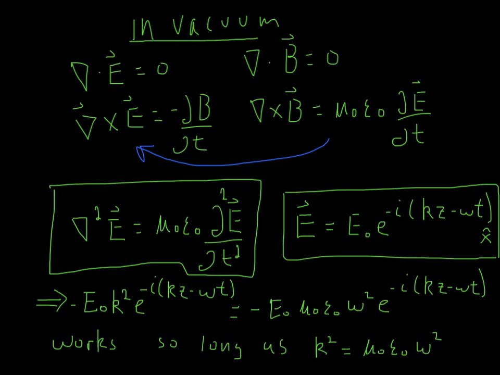What I get is a k squared term out here. This is two space derivatives. And then this is two time derivatives of that solution. And this one works just as we thought it would, so long as k squared is equal to mu naught epsilon naught omega squared. All right, so as long as this k is related to omega by this factor, then this is a fair solution.